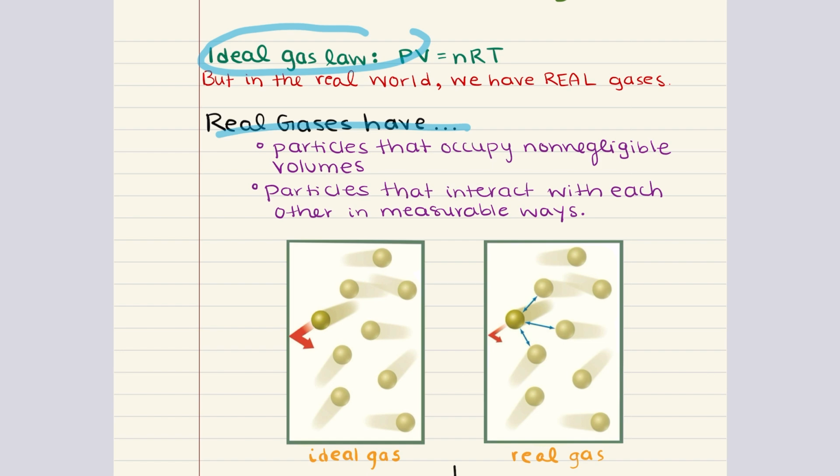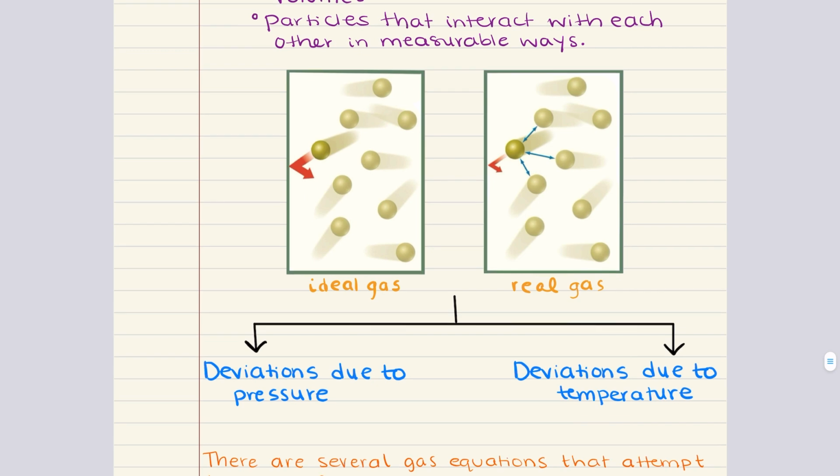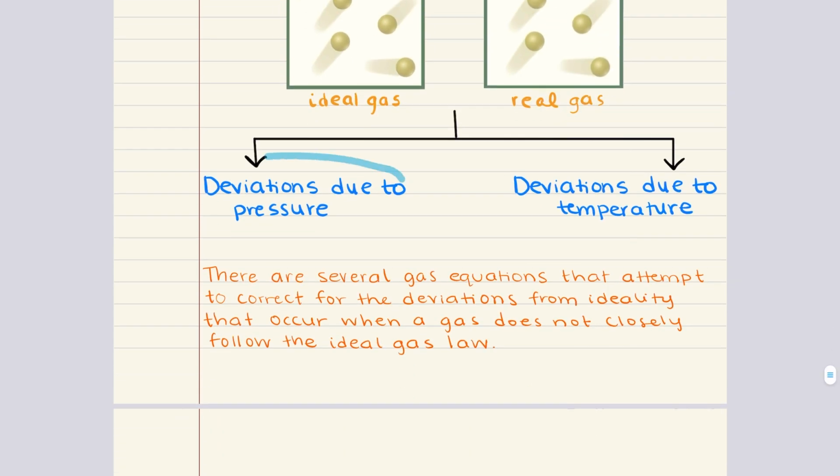Now, there are two major factors that cause real gases to deviate from the ideal gas law. The first one is deviations due to pressure. At very high pressure, gas molecules are forced close together, and their individual volumes become significant.